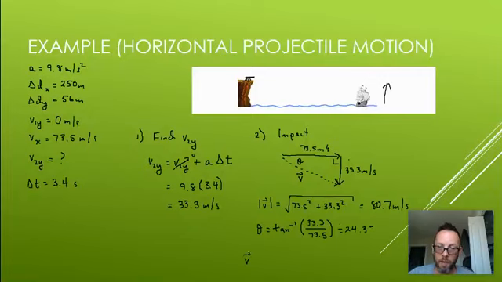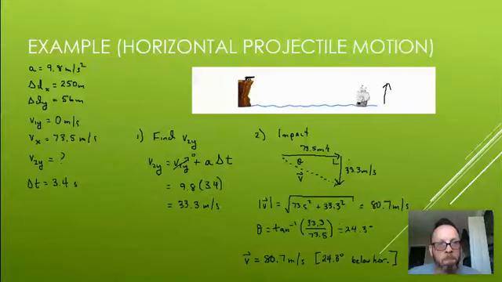So we can wrap this up. Impact velocity v is 80.7 meters per second. And for the direction, we can say 24.3 degrees below horizontal. I'll just put a little dot there for short form. All right, so we've solved three different types of horizontal projectile motion problems.